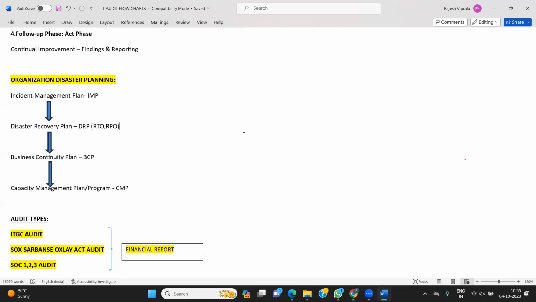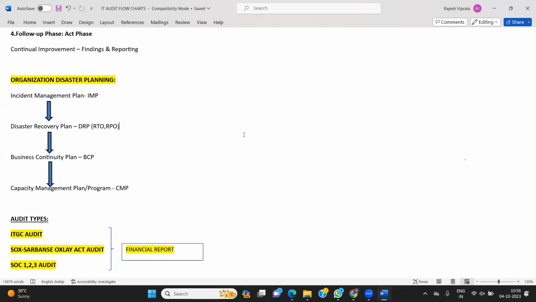The last one talks about the capacity management plan or program. So guys, capacity itself says what the organization is capable of doing and what the organization is not capable of doing. We will take one example.